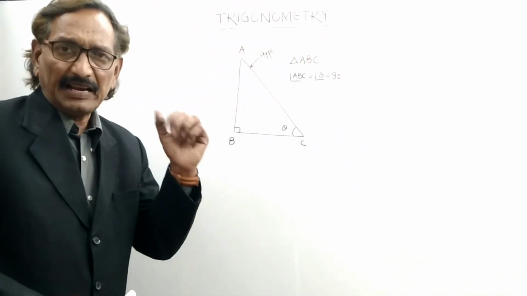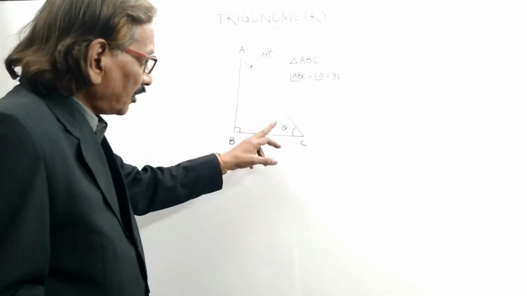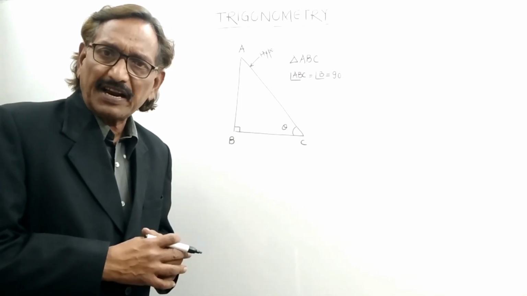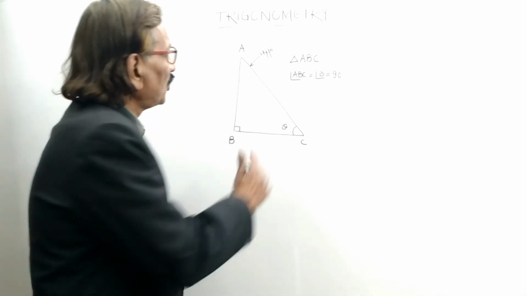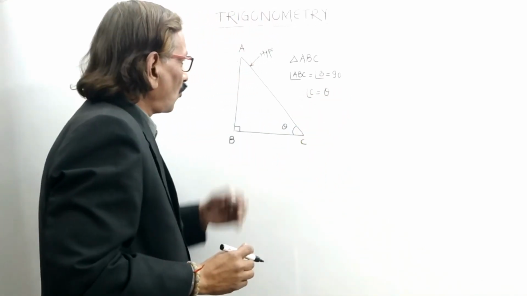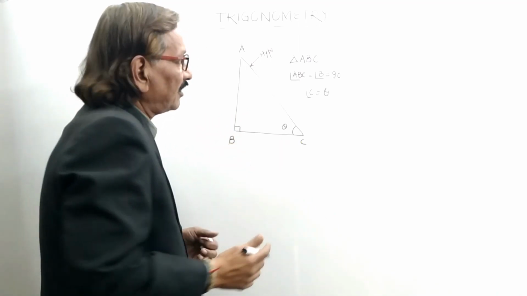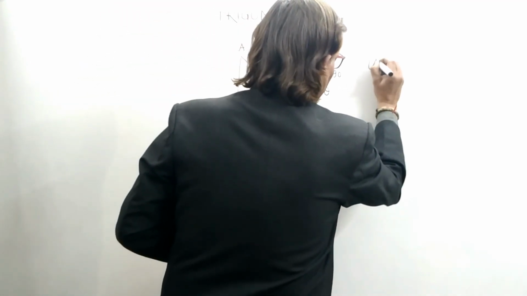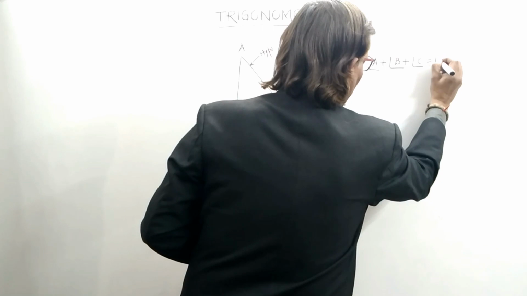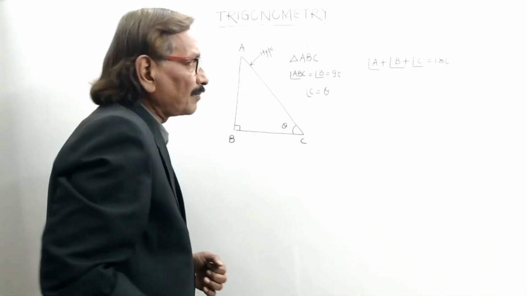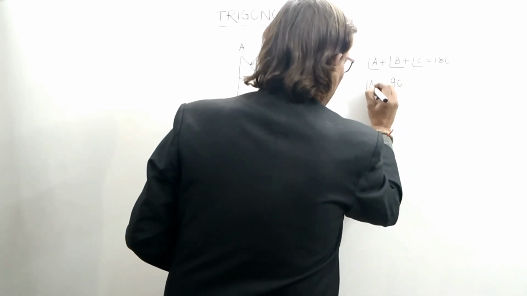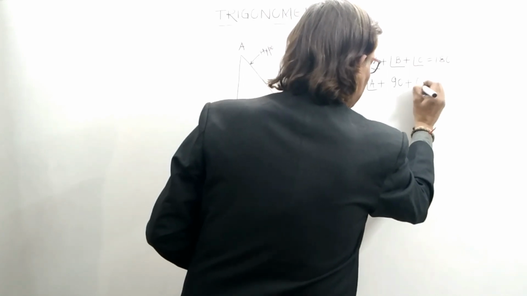Here we will be discussing something else. This angle is theta. Everybody knows sum of all three angles of a triangle is 180 degree. Here we have angle C is equal to theta. What about angle A? We need to calculate it. In a triangle, angle A plus angle B plus angle C is equal to 180 degree. Out of which you know angle B is 90, angle C is theta.